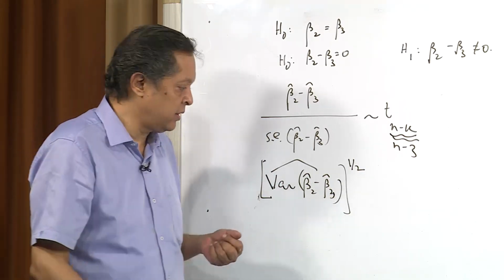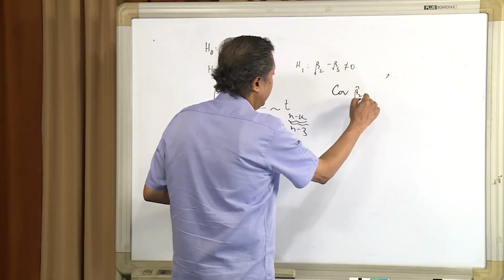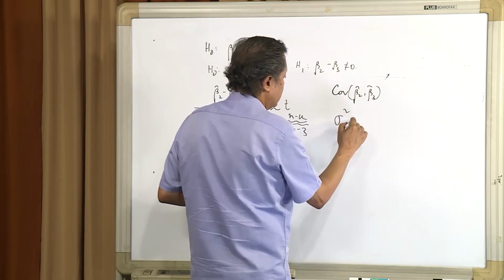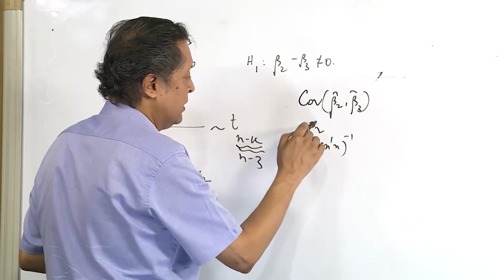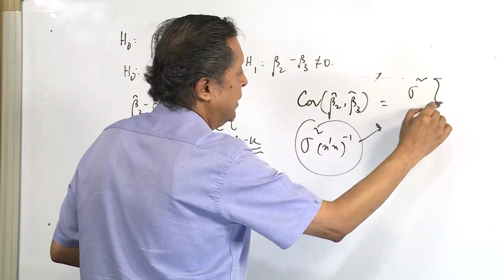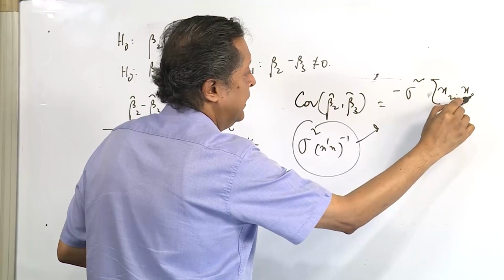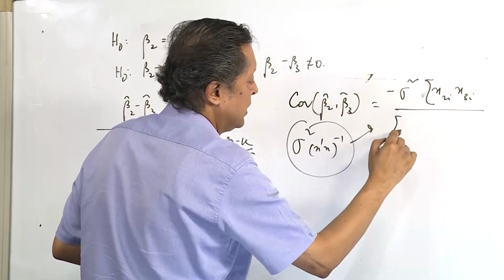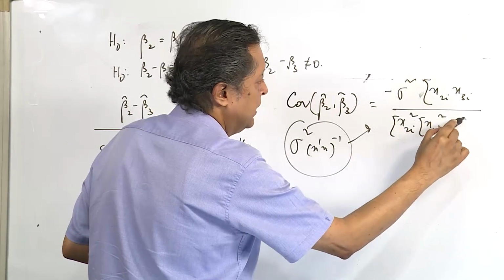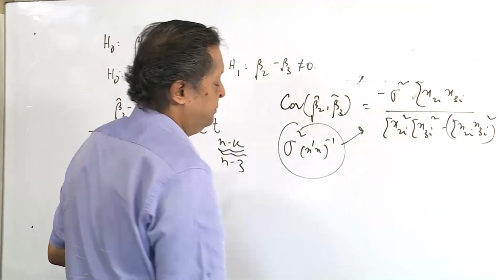And from our earlier discussion, covariance between beta 2 hat and beta 3 hat, if you remember from the sigma square x prime x inverse matrix, the covariance will be sigma square times minus summation x2i x3i divided by summation x2i square summation x3i square minus summation x2i x3i whole square.